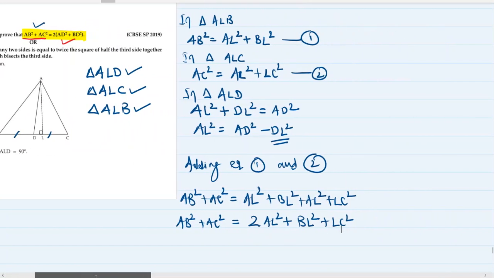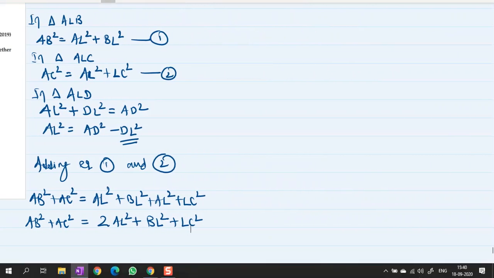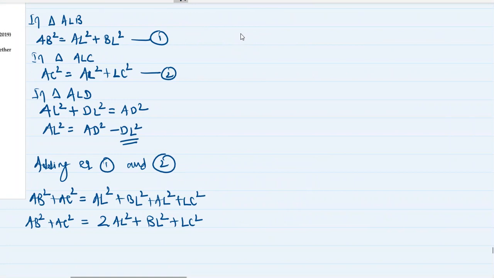Now remember what we have to prove. We have to prove AB square plus AC square is 2 times AD square plus BD square. We are nowhere near it, but we will get there. Just look here. In the place of AL square, I know the value of AL square. See, this is the value of AL square. I'll just put that value.